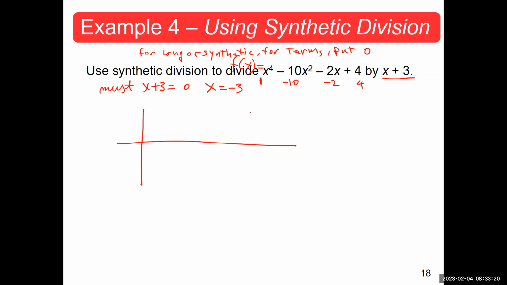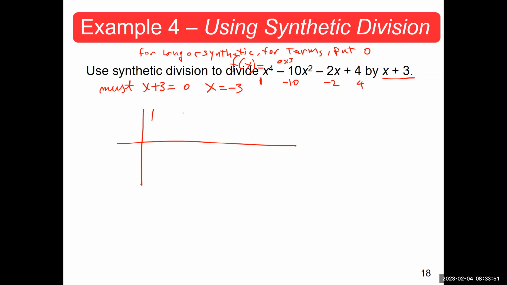For missing terms, put 0, for both types. In the previous example, we didn't have anything missing, everything was lined up. But if we have a missing x squared, we put 0x squared instead. Here we must put 0x cubed in the formula. Then when we write our coefficients, I have to put them in here. 1.